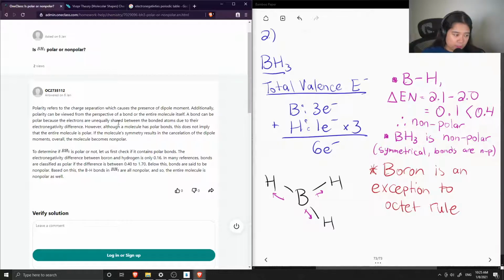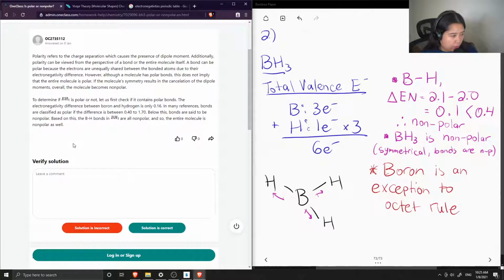Usually it can also be 0.5 to 1.69, so a lot of references say different things. But below this, bonds are said to be nonpolar. Based on this, the BH bonds are all nonpolar, so the entire molecule is nonpolar as well. Yep, so this solution is correct.